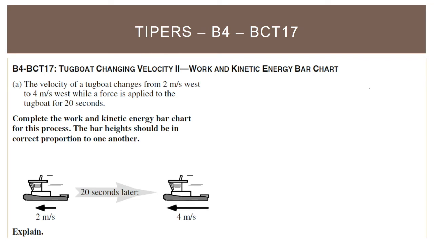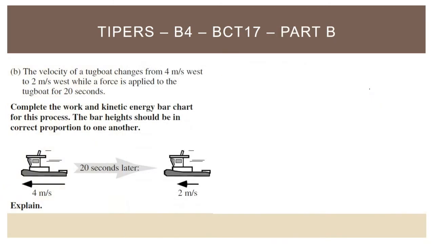In the beginning, the velocity of this tugboat changes from 2 meters per second west to 4 meters per second west, while a force is applied to the tugboat for 20 seconds. And then eventually, as it says in part B, the velocity of the tugboat changes from 4 meters per second west to 2 meters per second west, while a force is applied to the tugboat for 20 seconds.